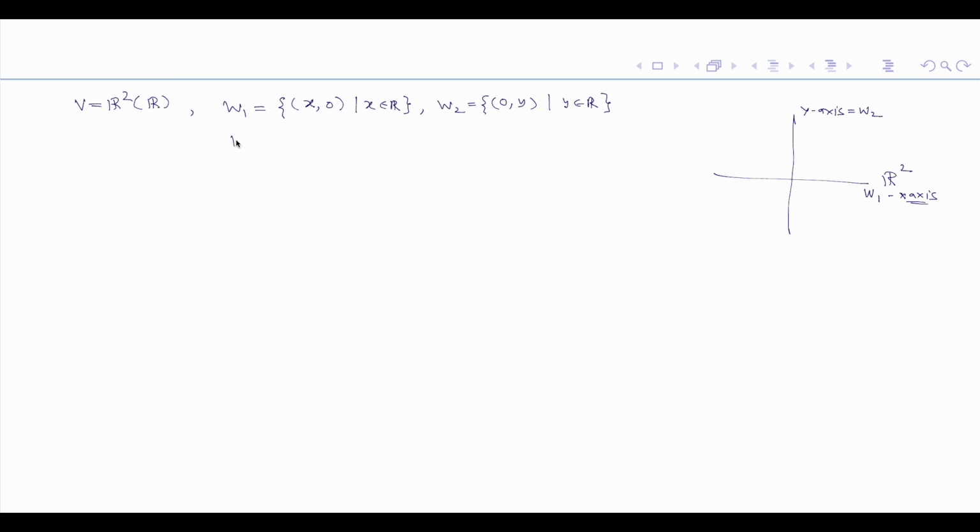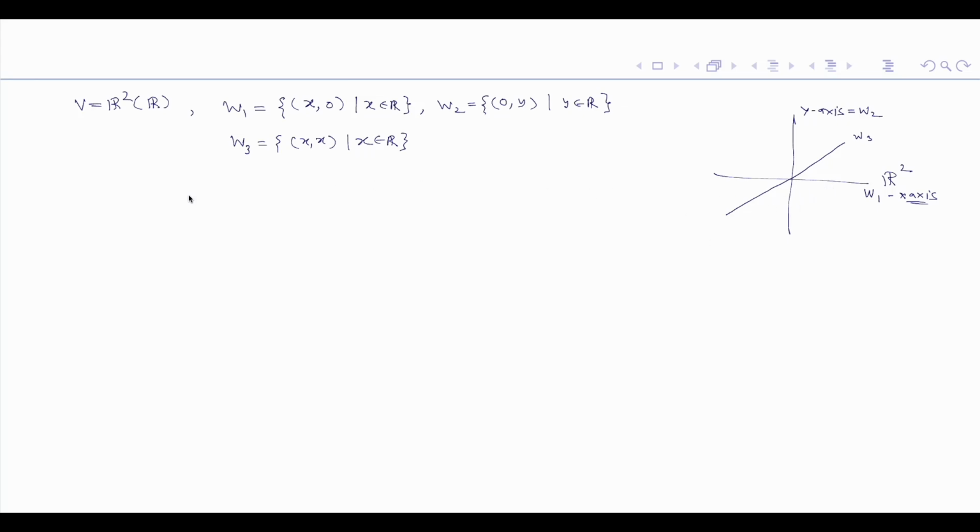And if I say one more subspace W3, all those (x, x) such that x belongs to R, that means a line passing through origin. Clearly all of them are subspaces, you can check it, because the x-axis is a line passing through origin in R2, the y-axis is a line passing through origin, and W3 is also a line passing through origin.